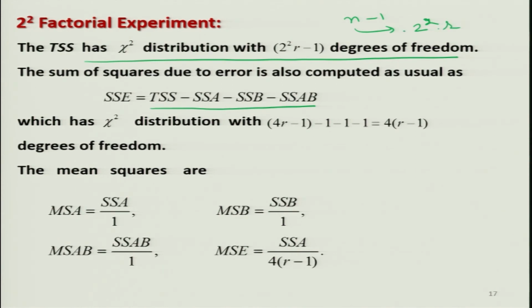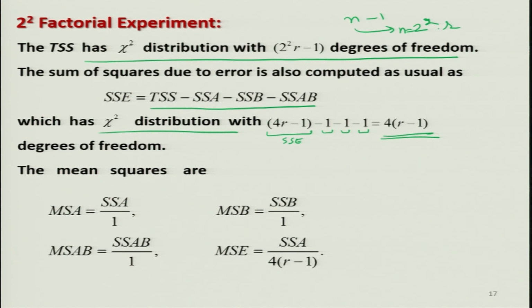So now n becomes something like 2 square r. Based on this, the SSE has a chi-square distribution with degrees of freedom 4r minus 1 less 1 degree of freedom each from SSA, SSB and SSAB. So this comes out to be 4 into r minus 1 degrees of freedom.